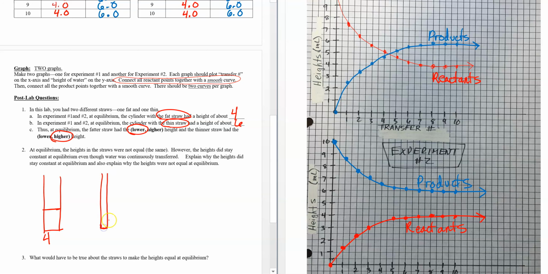When it was in the graduated cylinder with the thinner straw, you had a height of 6. All right, so this was at 4 and this was at 6. So this was the fatter straw and this was the thinner straw. So what we're saying is at equilibrium, we always had the fatter straw with a height of 4 and the thinner straw always was the one with the height of 6. So that's how it ends up.